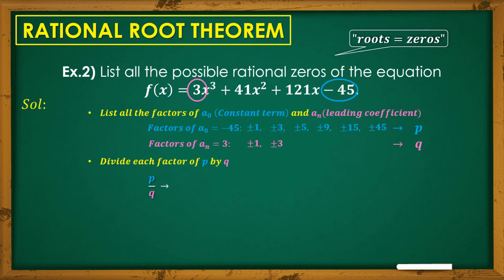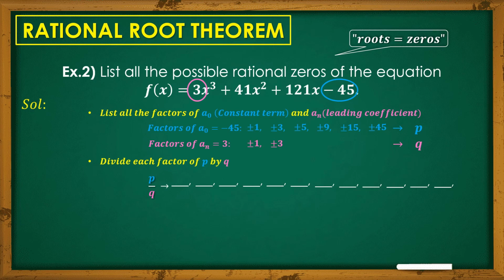Paano nga ulit malalaman kung ilan yung initial rational root ng ating example? Very good. We multiply the number of factors of the constant term to the number of factors of the leading coefficient. So, ilan yung factors ng constant? 6. At ilan yung factors ng leading coefficient? 2. So, 6 times 2, we have 12 initial rational roots.